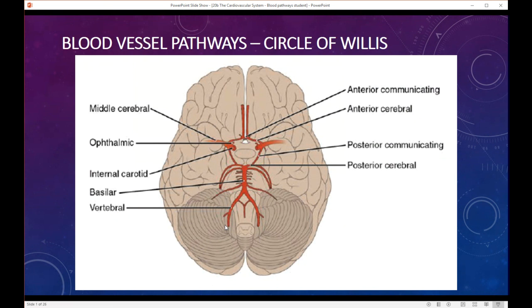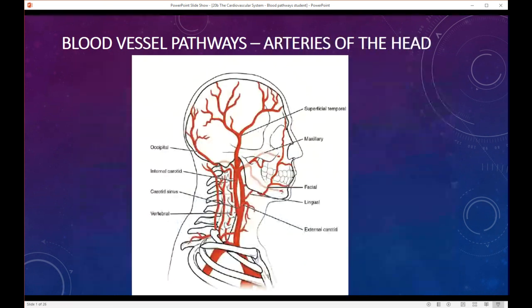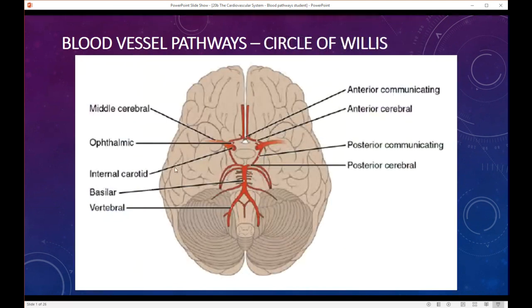They're going to go down, go through the vertebrae right here. There it is, right there, okay? There's the ophthalmic, which is going to go to the eyes. Here's the anterior communicating and the anterior cerebral. There's the posterior communicating and the posterior cerebral.